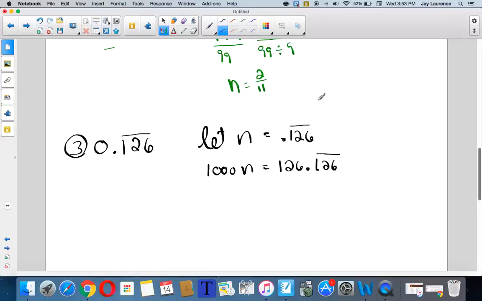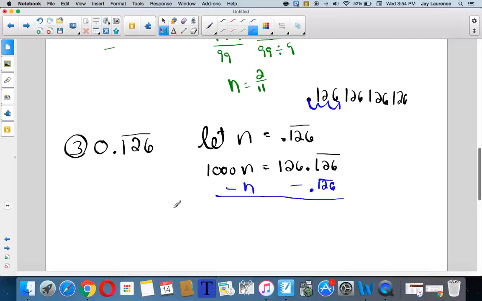If you don't get that, remember, 126 repeating is like this, right? And that just keeps going forever and ever. If I take that decimal point and I move it 1, 2, 3 places, don't I get 126 and 126 1,000ths repeating? Now, you do your subtraction.